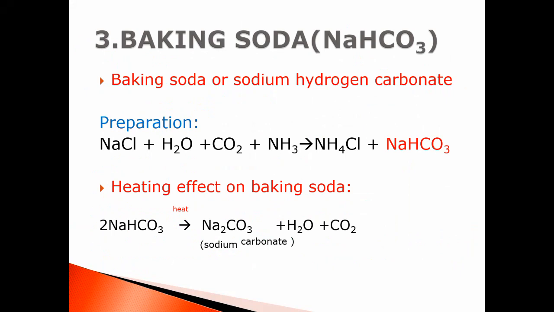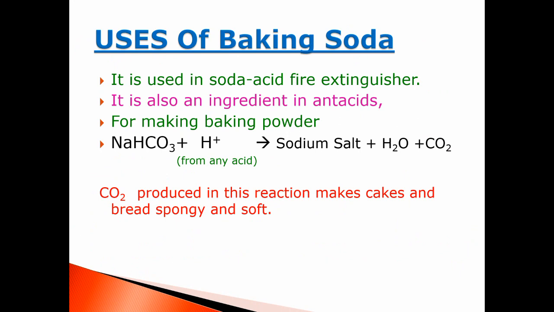This baking soda on heating breaks into Na2CO3 and gives water and carbon dioxide. You can see in the reaction sodium bicarbonate NaHCO3 on heating gives Na2CO3, water H2O and carbon dioxide, that is CO2.